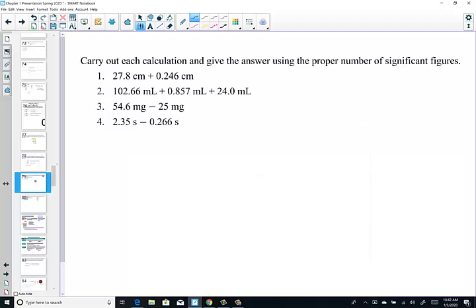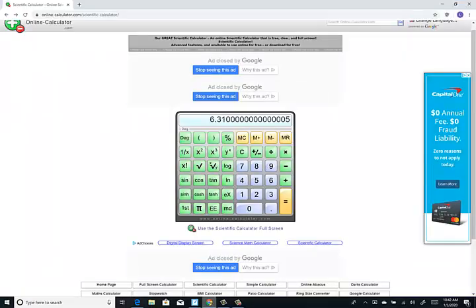Let's add the following and see what values we come up with. We're going to practice carrying out and see what we find. On my calculator, I'll hit 27.8 and I'll add to it 0.246. So you're doing the same thing. Let me stress what we're hitting. 27.8 plus 0.246.